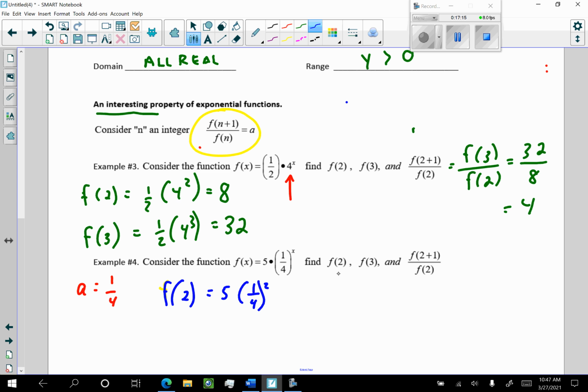That's going to be 1/16, and so that's 5/16. We're just going to leave it like that for right now.